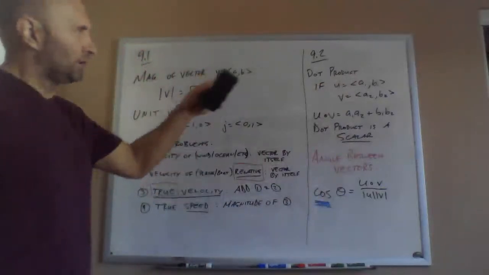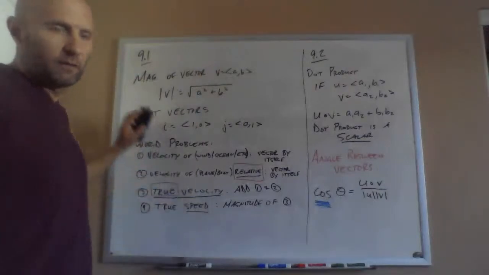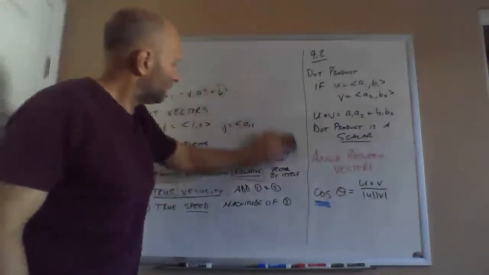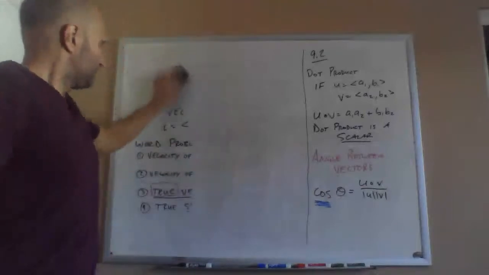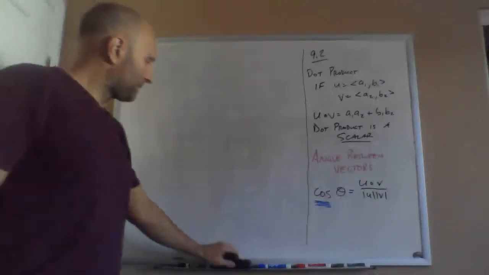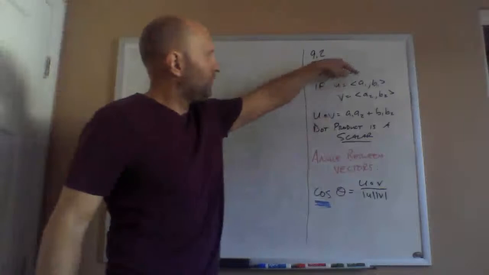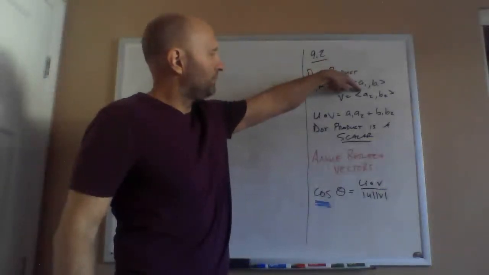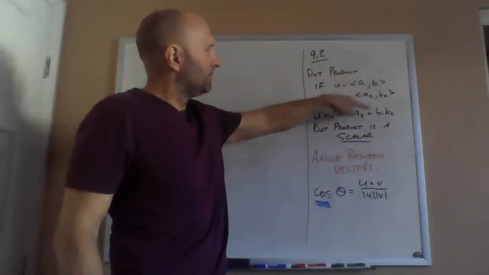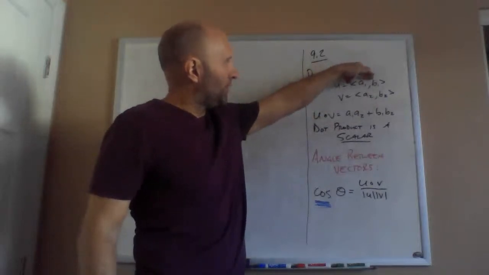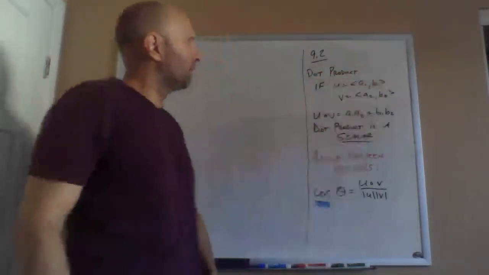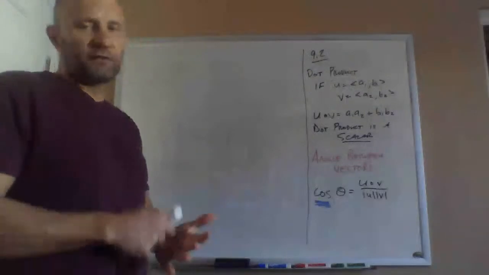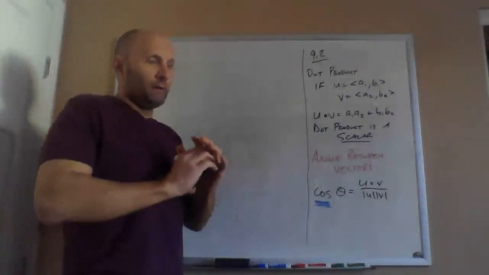I'm going to erase this because I want to talk about this here. All right. So the dot product is the first number in u times the first number in v plus the second number in u and the second number in v. That's our dot product. It's a scalar.